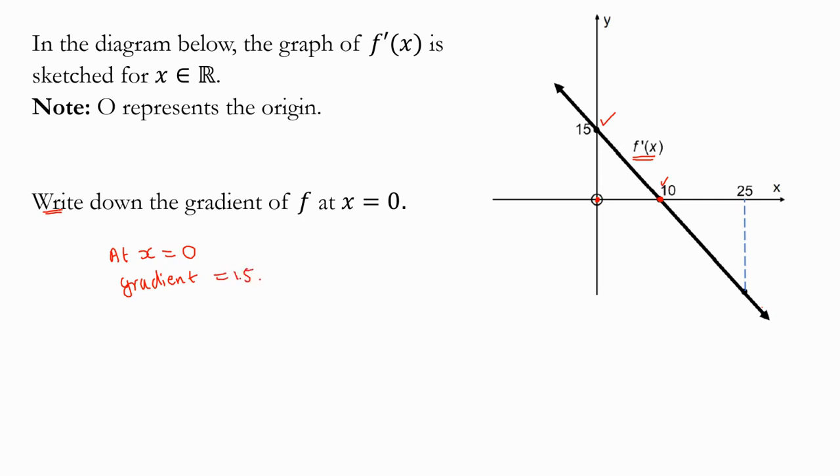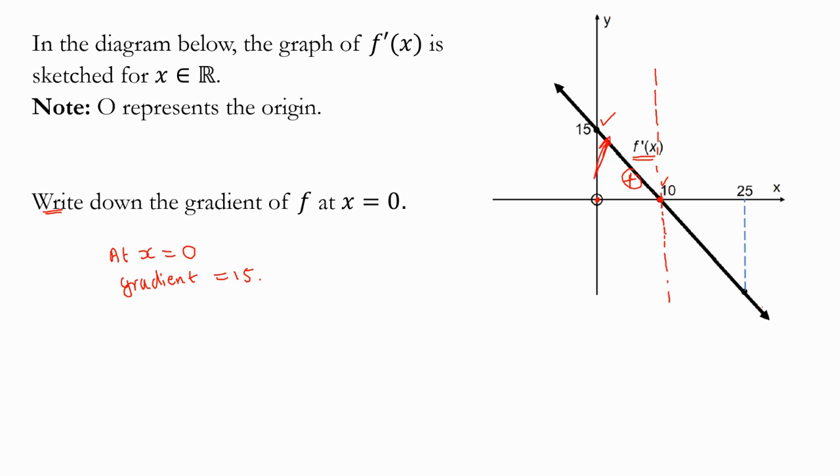Now, what type of graph is the original graph, the f of x graph? It is a parabola, isn't it? The turning point is going to be at the x-intercept of this graph. Before the turning point, the graph is above the x-axis, is positive, so it means the graph is increasing.